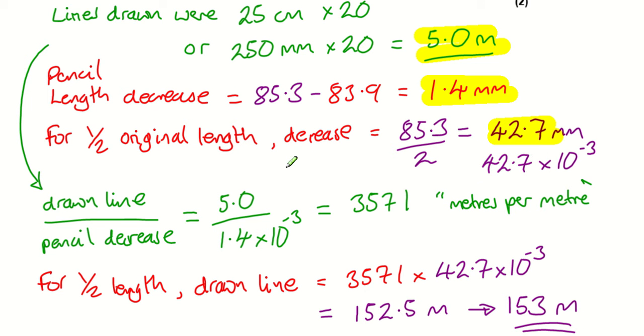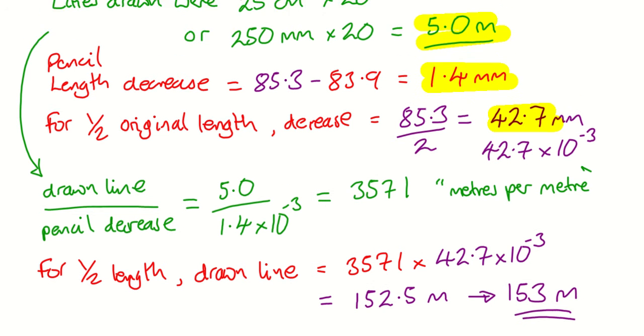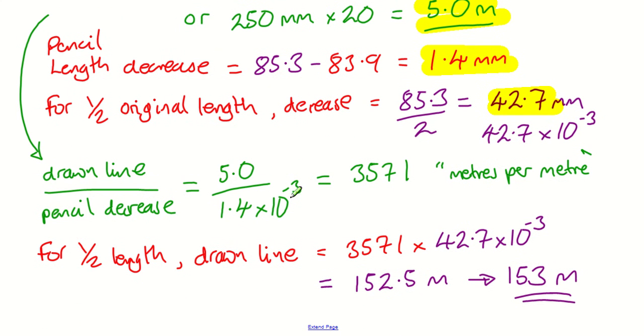So what I said was, let's see how long a drawn line we need for each meter of pencil shortening. I divided the 5 meters of drawn line by how much the pencil went down, and that tells me I need to draw a line 3.5 kilometers long to wear a pencil down by a meter.